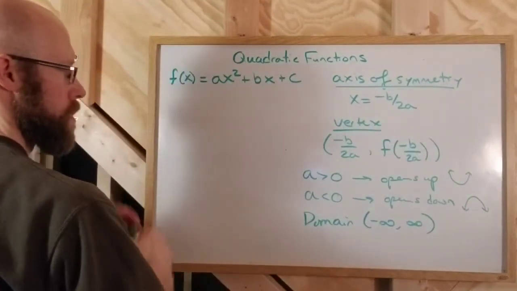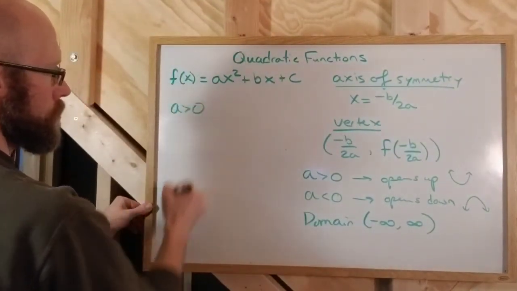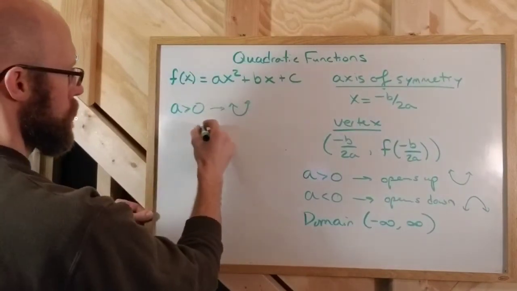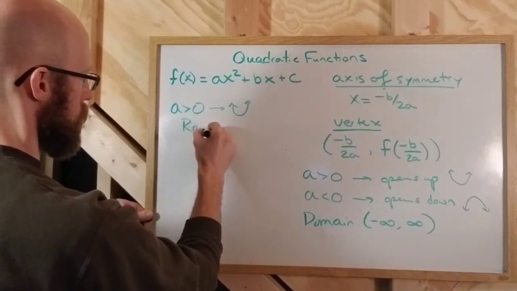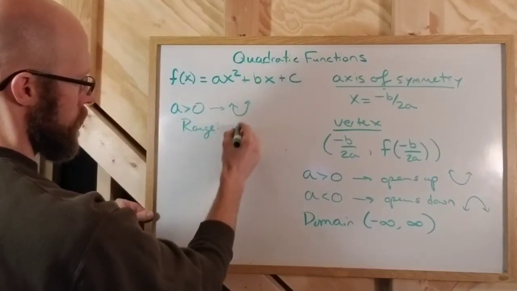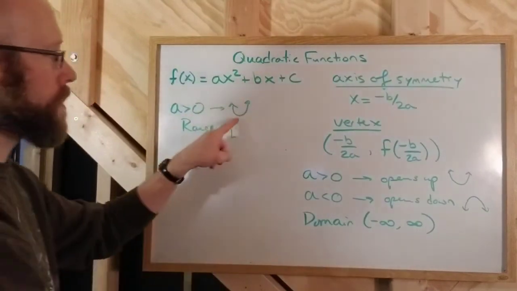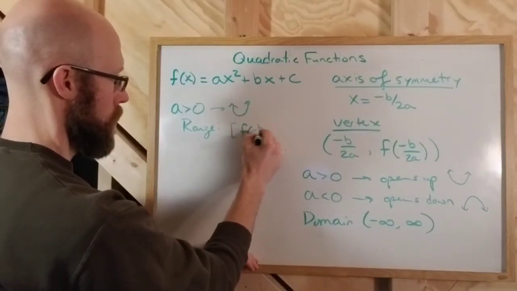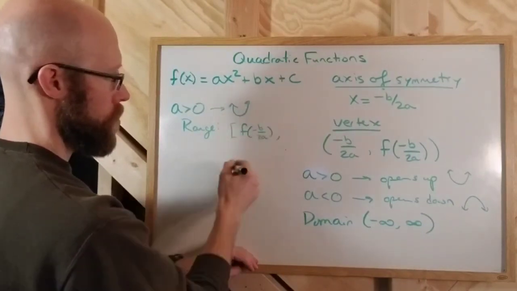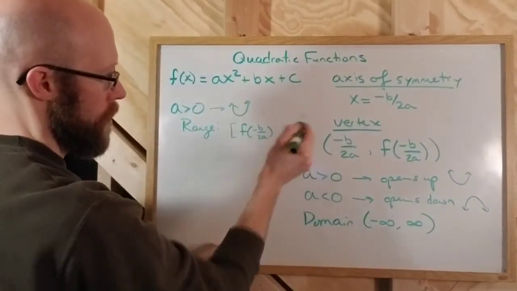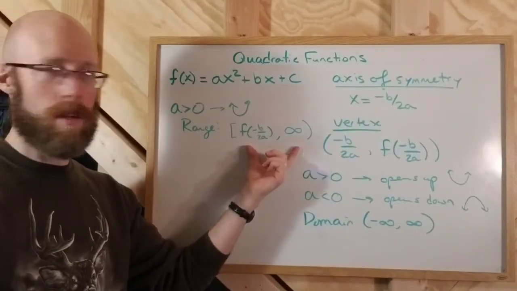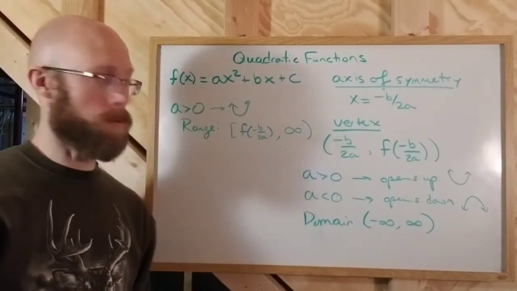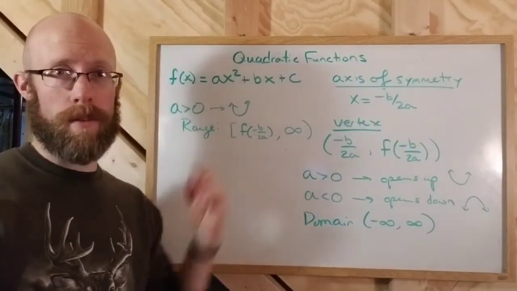Alright, so let's say that a value is positive again, which implies that the parabola opens up. Then the range is going to start at the y value of the vertex, f of negative b over 2a, and it's going to go up to infinity. Okay, so that would be your range on a parabola that opens up. Now, if we were looking at this in the vertex form, it would just be k comma infinity.